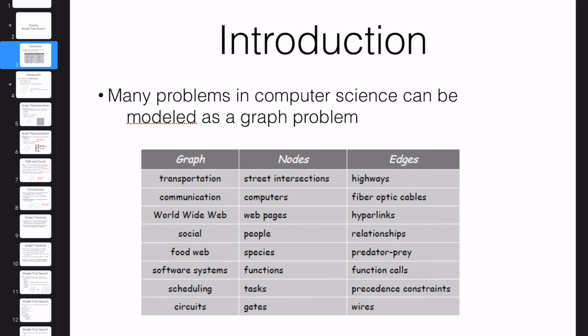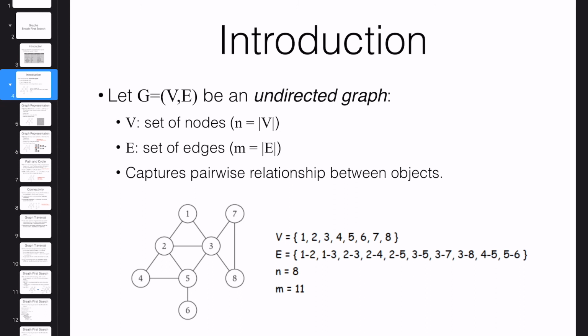Different computers are different nodes, and the fiber optic cables between them, which create a connection, are the edges. Many different problems can be modeled using a graph.